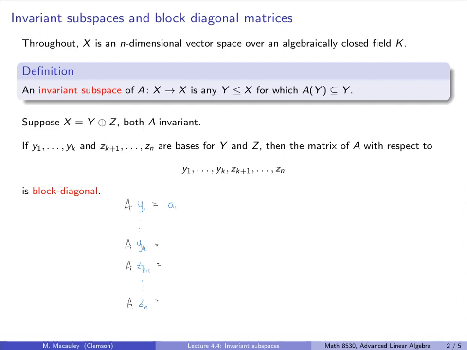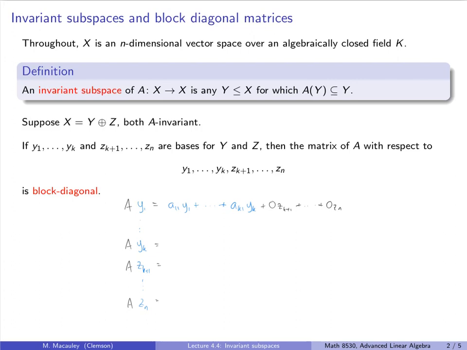So a11 y1 plus, etc., all the way up to ak1 yk. But now, because these are both A-invariant, A sends each yi to a linear combination of the yi's. So now we're going to get plus 0 zk plus 1 all the way up to 0 zn.